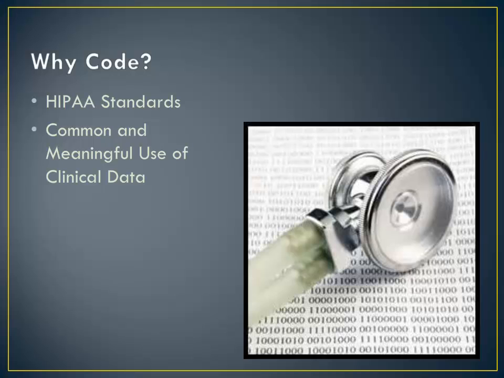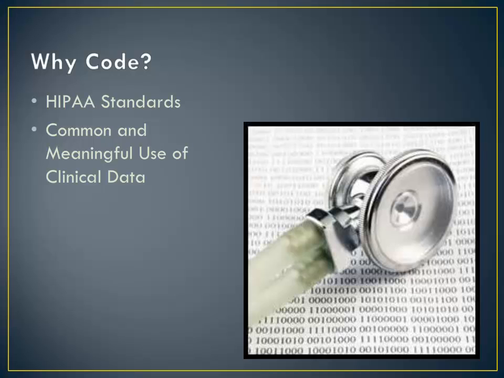So why do we use a code? A code actually helps us to uphold HIPAA standards. The code is a common language which is developed to maintain the privacy and confidentiality of patients.